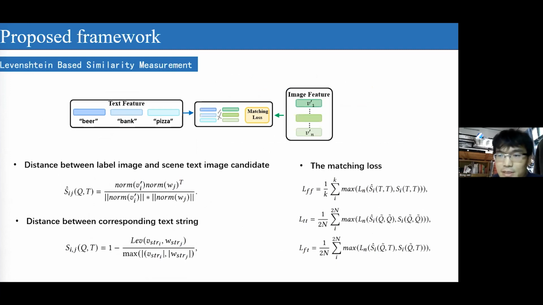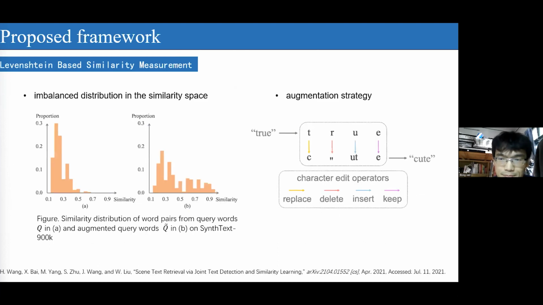The final matching is performed by calculating the cosine distance between the queries and the local text areas. And the Levenshtein edit distance of corresponding text pairs is used as supervision information at the training stage so as to produce more semantically interpretable results.